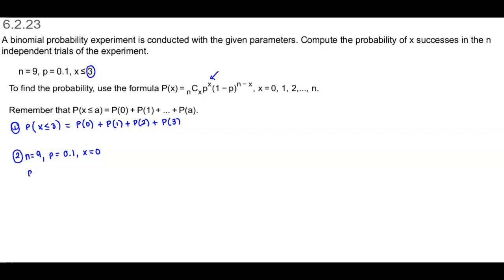We're going to find P of 0, which is going to equal n, which is 9, combination x, which is 0, times 0.1 to the power of x, which is 0, times 1 minus 0.1 to the power of n minus x, which is 9 minus 0.